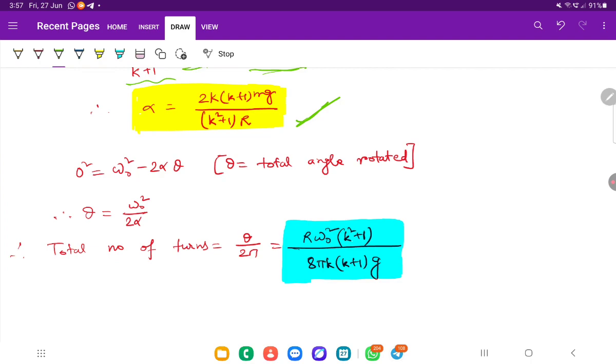Now we are supposed to find the total angle rotated, sorry, number of turns, total number of turns during the subsequent motion. So if I can find the total angle rotated, I will just divide it by 2 pi, because in each rotation, complete rotation, it will rotate by an angle of 2 pi, right? So I have just used this equation.